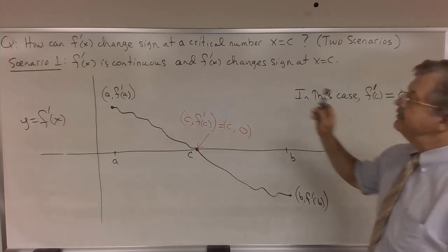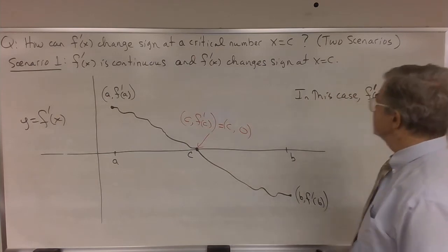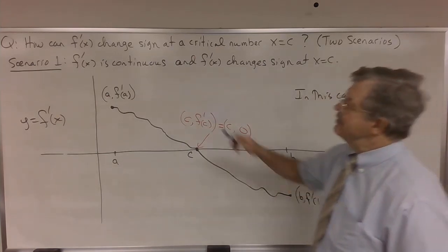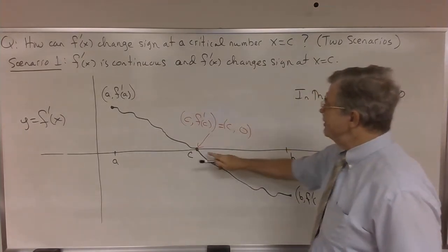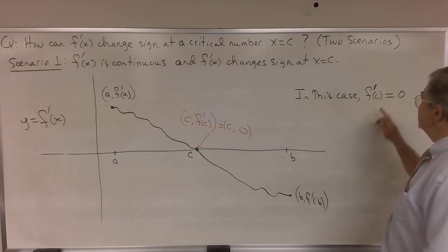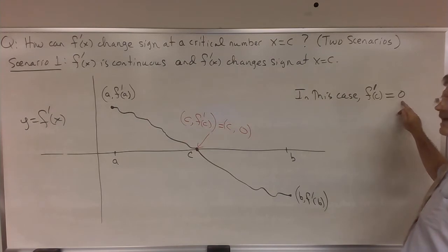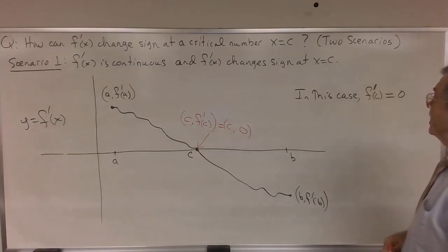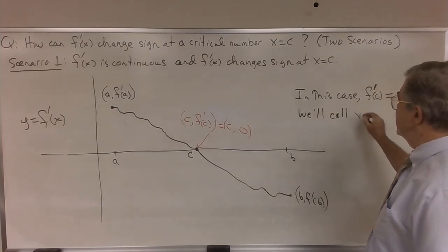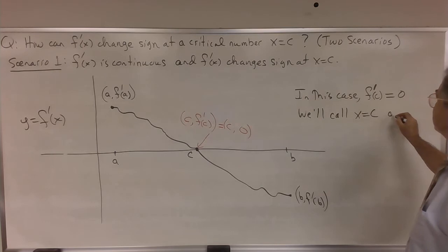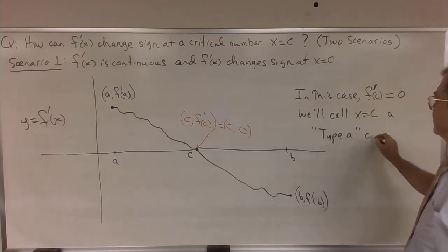So if the derivative is continuous and the derivative changes sign right here at x equals c, that means that the derivative evaluated at x equals c has to be 0. And we'll call x equals c a type A critical number.